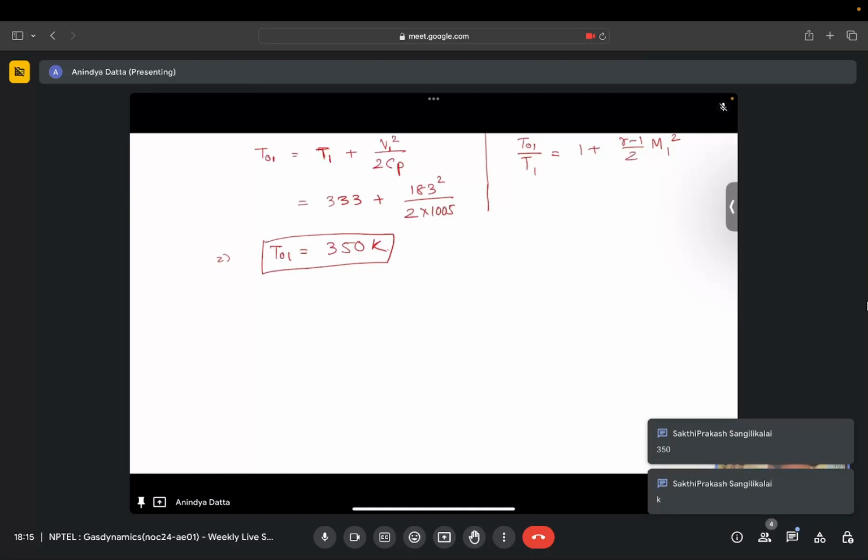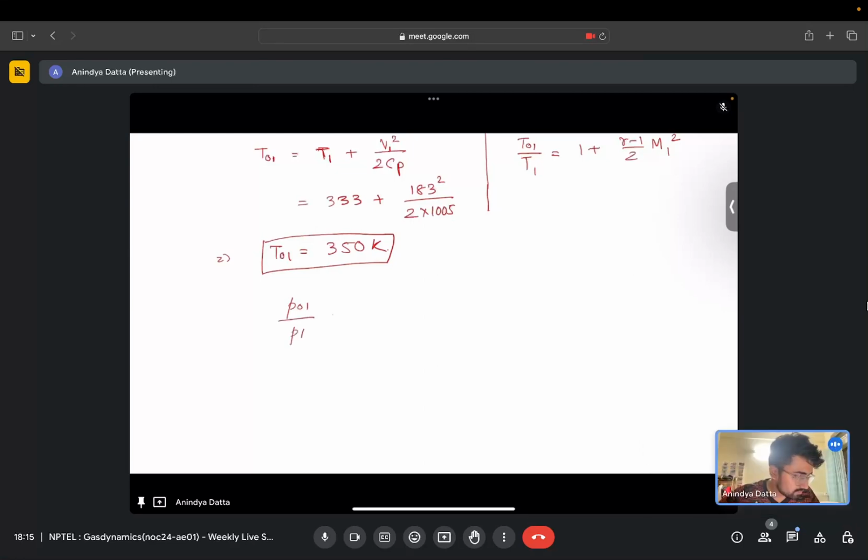Next is stagnation pressure. So P01 by P1 is equal to (T01 by T1) to the power gamma by gamma minus 1. Here the assumption is that we are taking the fluid locally from that state to rest by a hypothetical isentropic process to get the stagnation pressure. So we are using the isentropic relation in terms of pressure and temperature.